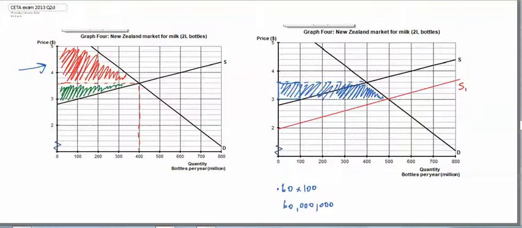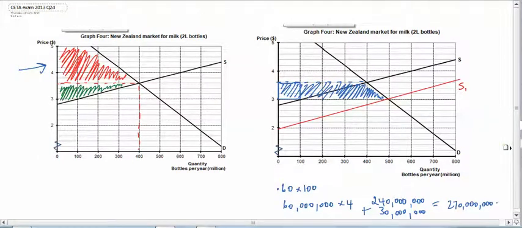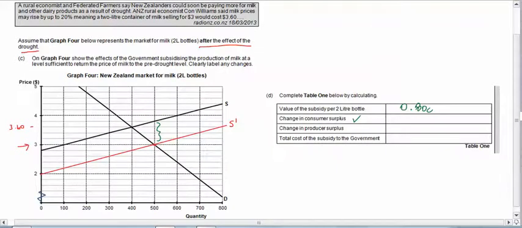And there are 1, 2, 3, 4 of those squares, and then it looks like there might be half of one. So that's plus 30 million. So 4 6s are 240 million, plus 30 million. And as you can easily see, or your calculator will tell you, that's 270 million. So let's go back and put that in. The change in consumer surplus is 270 million.